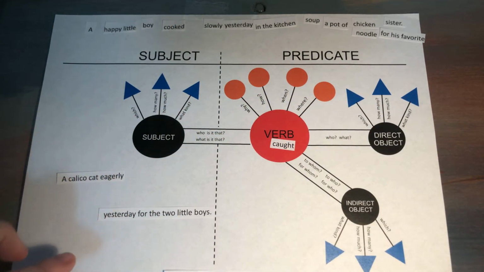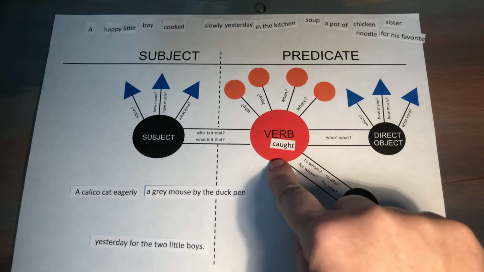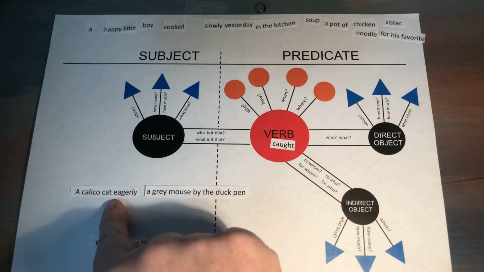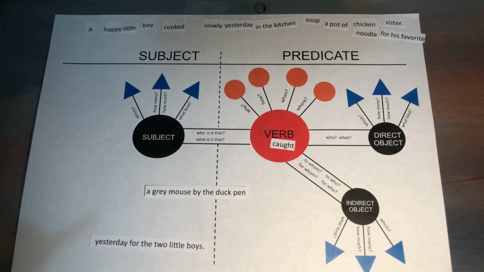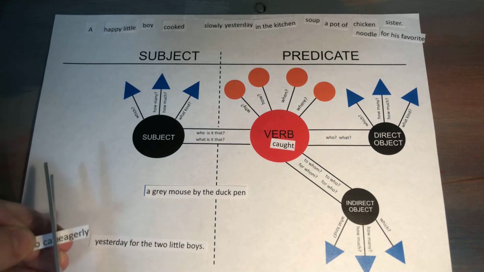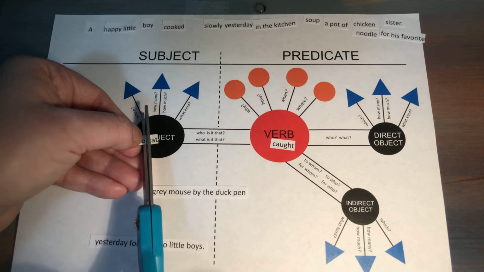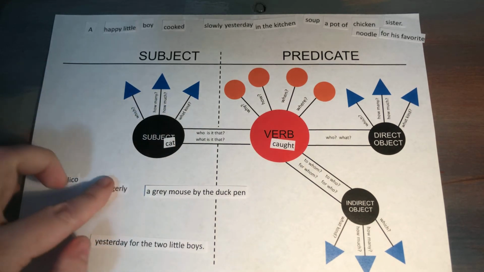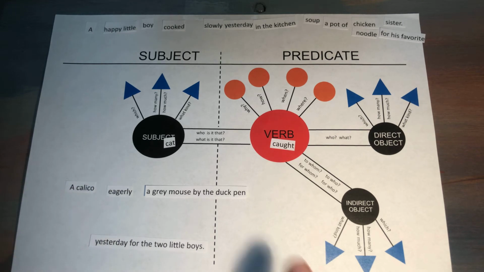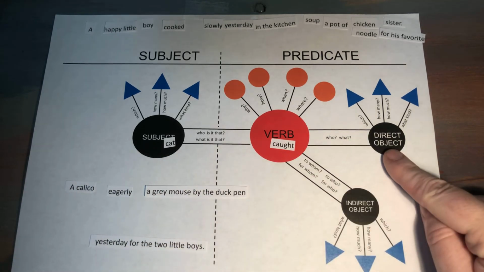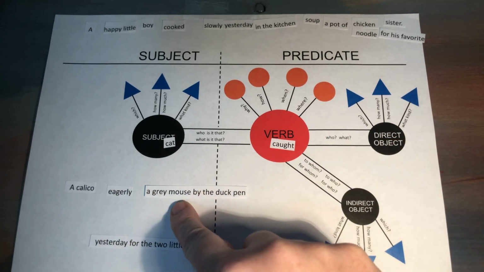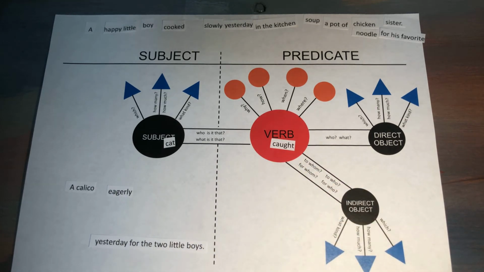Now, who is it or what is it that caught? Cat. Cat caught. So let's cut out the word cat, because that is our subject. Cat caught. What did the cat catch? Mouse. A cat caught a mouse.